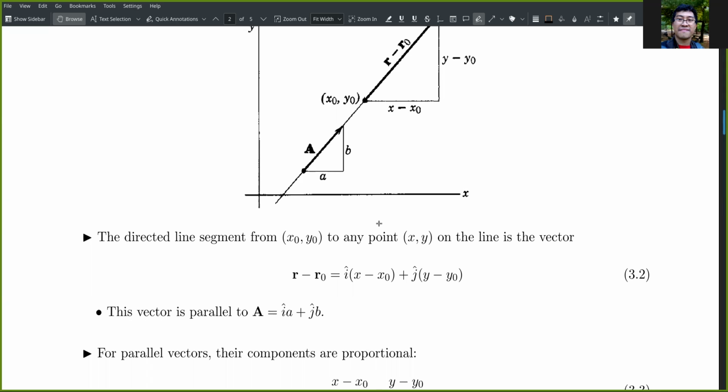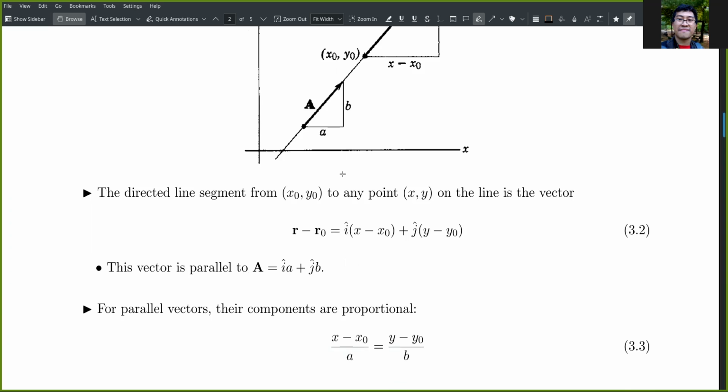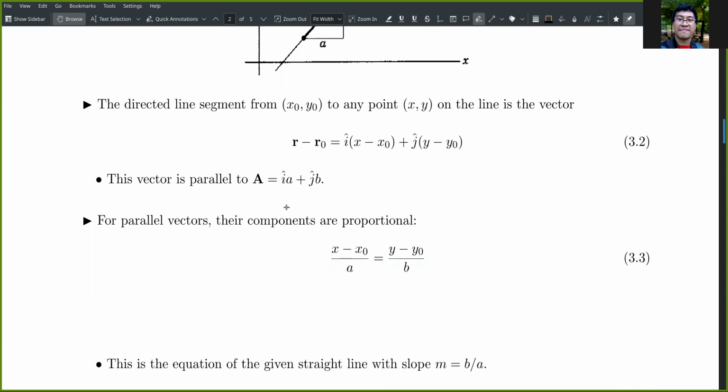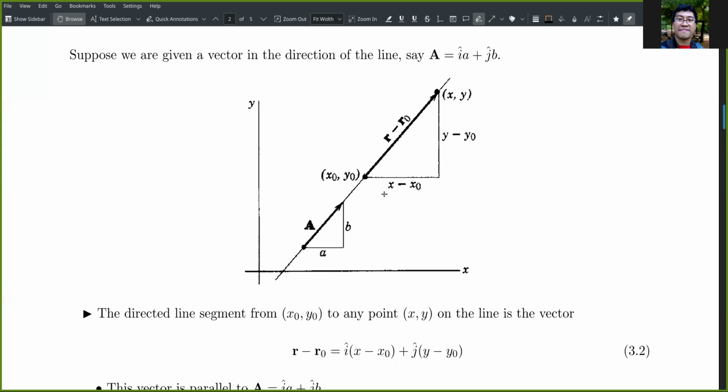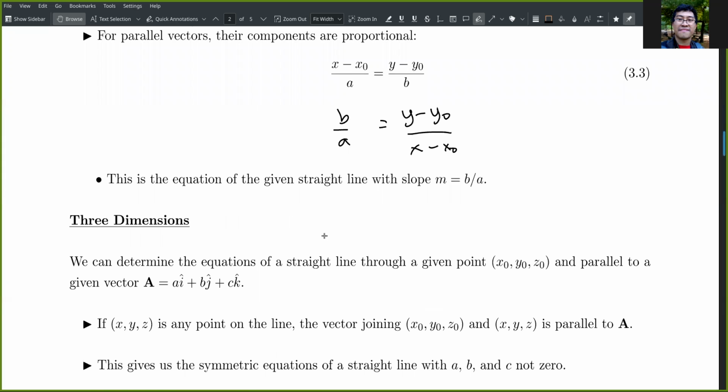So if this vector is parallel to a, they are in fact on the same line in this figure. If two vectors are parallel, it means that the components are proportional, just like here. So if you write y minus y naught divided by x minus x naught equals b over a, this is similar to our equation of the line here with slope b over a.